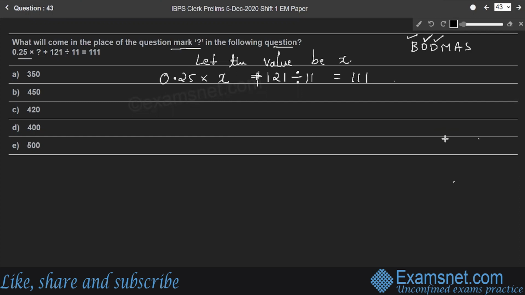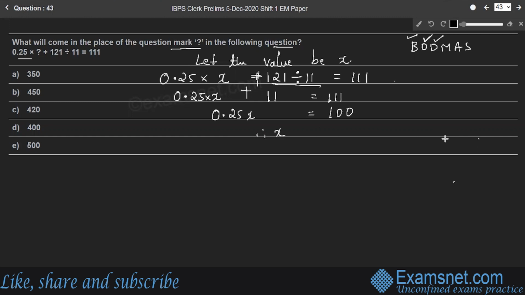So here 0.25 into x plus 121 by 11, which is 11, is equal to 111. Therefore, 0.25x is equal to 100.